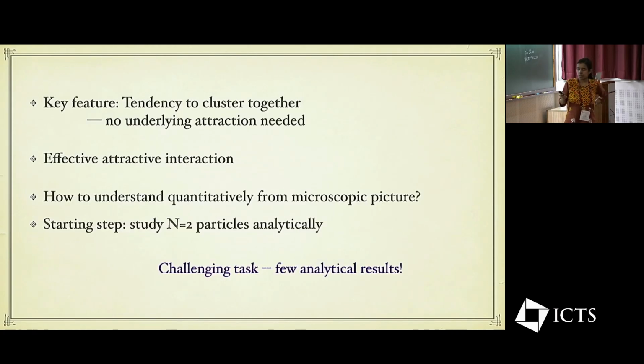The key feature in many of these phenomena is the tendency of these particles to cluster together, even in the absence of any attractive interaction. Somehow they generate an effective attractive interaction. To understand this emergent interaction from a microscopic picture, the starting step would be to take just two particles and see how this attractive interaction emerges.